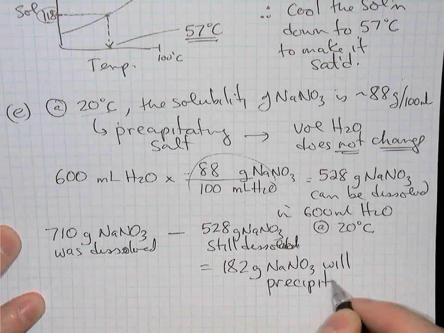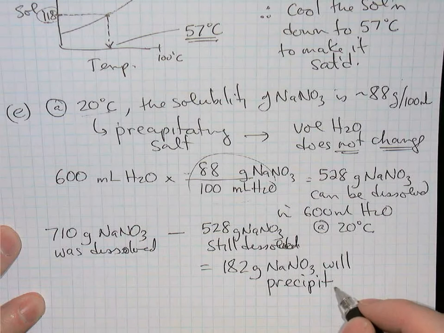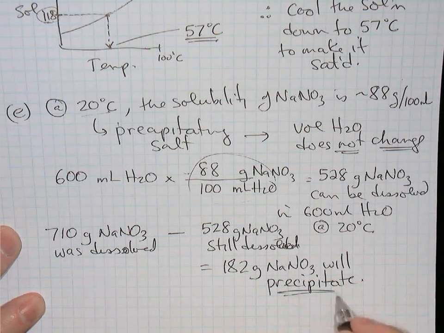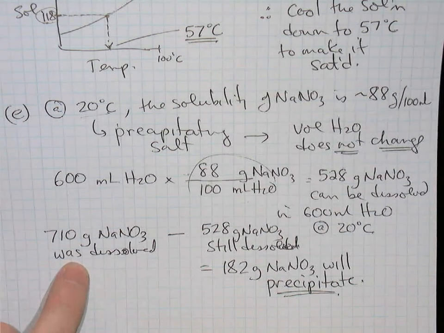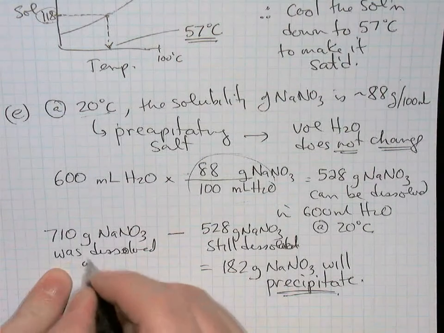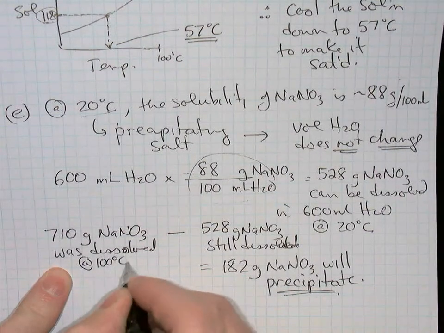Remember that word precipitate means that what used to be dissolved comes out of the solution and sinks to the bottom of the test tube, bottom of the beaker, and we see that solid sitting at the bottom. So you originally dissolved this at 100 degrees Celsius.